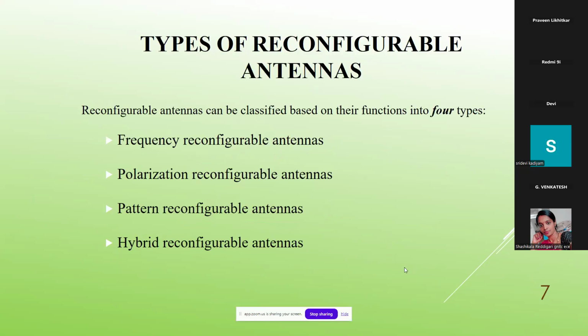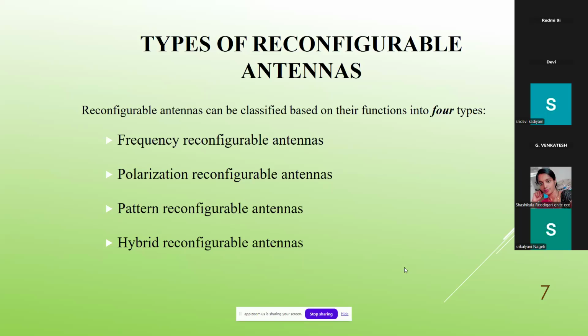Types of reconfigurable antennas. There are 4 types. The first 3 are very normal and well known: frequency reconfigurable antenna, polarization reconfigurable antenna, pattern reconfigurable antenna. Where we can vary frequency or get multiple bands; in polarization, we can go for linear polarization, again circular polarization, LHCP, RHCP.